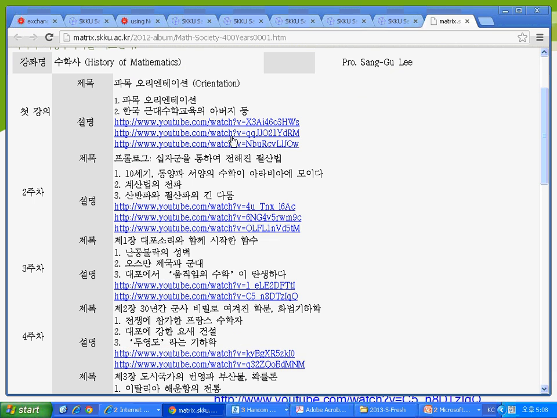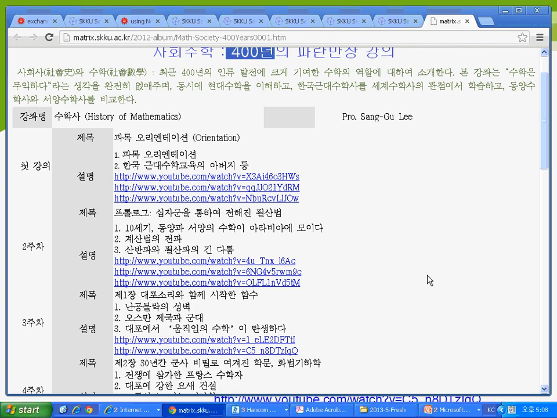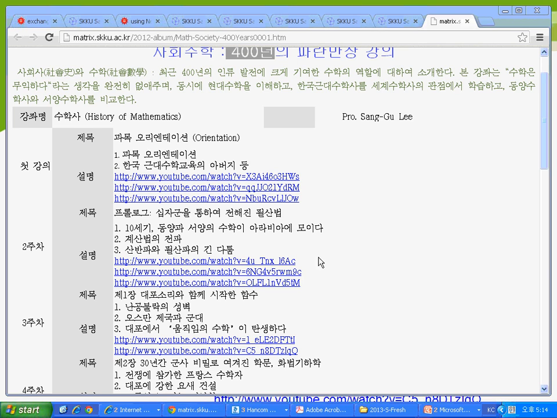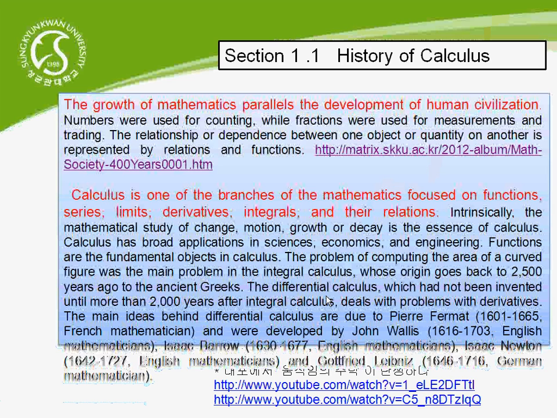It shows how the development of mathematics affected the development of world history. You may go there to understand what I say now. You may look over this part, the mathematics of movement, which is the start of the calculus. Then you will understand what I mean.